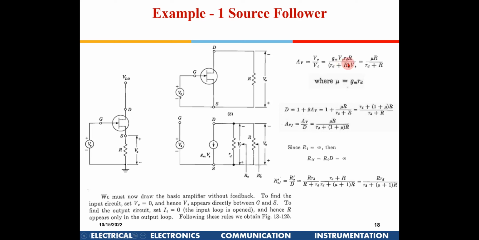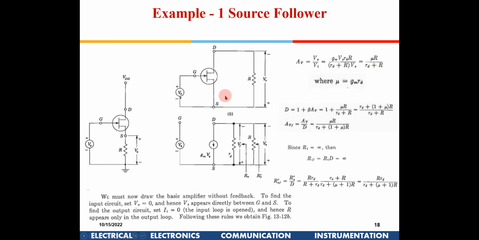They use one more term, mu, they call mu as GM into RD, because this is the intrinsic gain of a transistor. So the gain of this particular circuit is mu R divided by RD plus R. We have been calling R as R0.